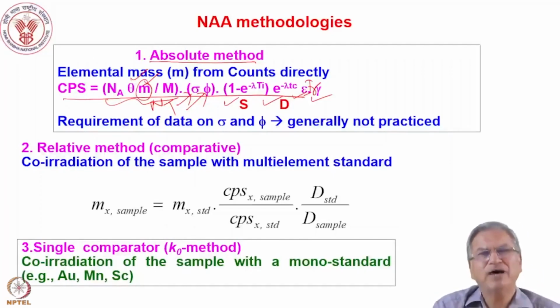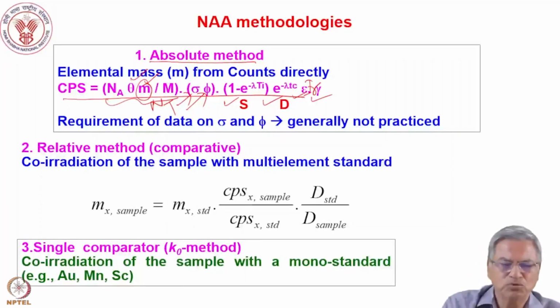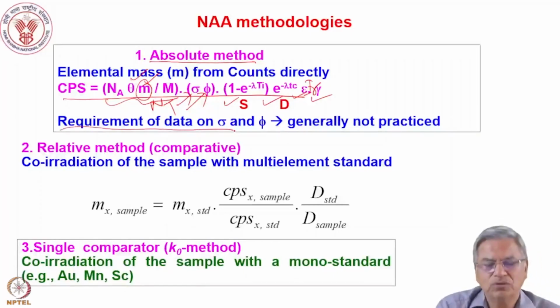Sometimes you may not know these exactly, like the flux. The reactor is a big place, and the flux at a particular position may not be accurately known because the flux is not constant all along the reactor. So this absolute method requires that you have the data on cross section and phi.